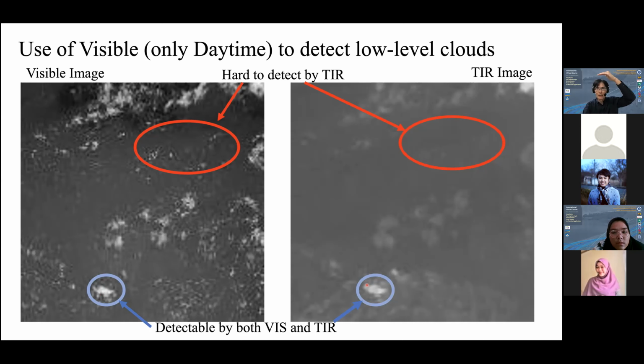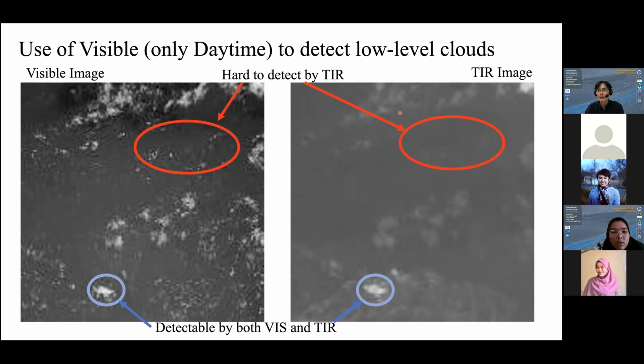Its brightness temperature is very low, and cloud with so many cloud particles has high reflectivities. So in such a case, both thermal infrared and visible wavelengths look white. On the other hand, the red circled area shows the difference between the thermal infrared and the visible wavelengths.